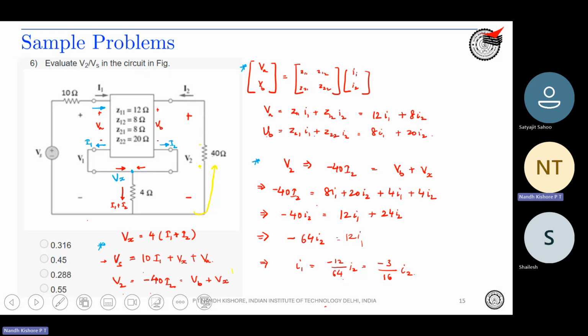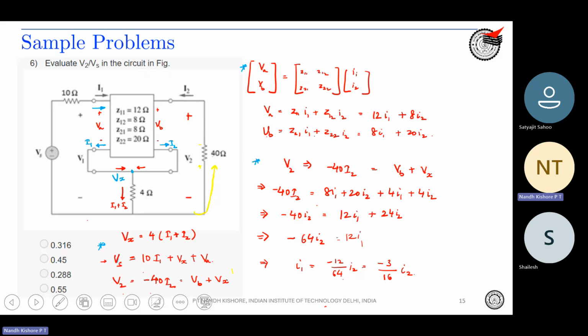I think we have made some calculation mistake, because the steps we followed are actually correct. I'm just taking the answer key. We have also written Vx is equal to 4 into I1 plus I2.